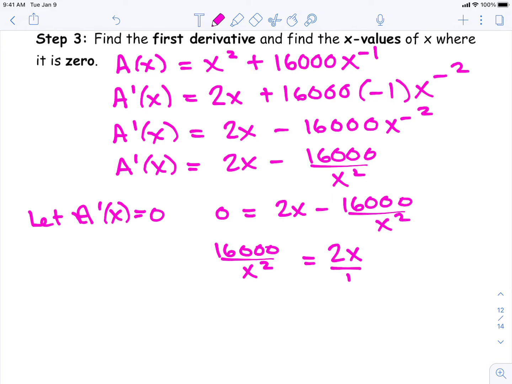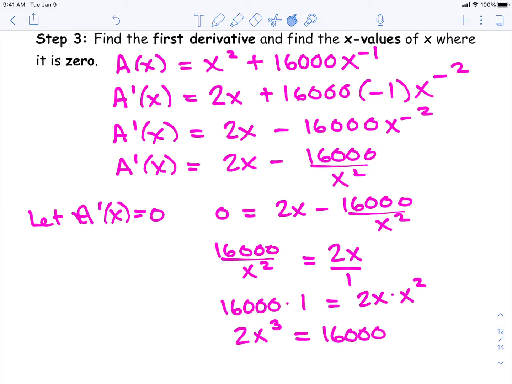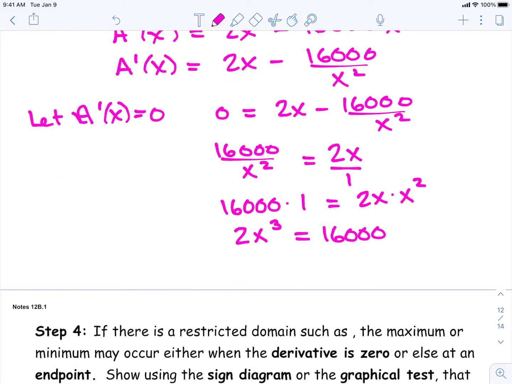Then I'm going to change that to a fraction, and I'm going to cross multiply. So I have 16,000 times 1, and then 2x times x squared. So we have 2x cubed equals 16,000. Then we're going to undo the 2.